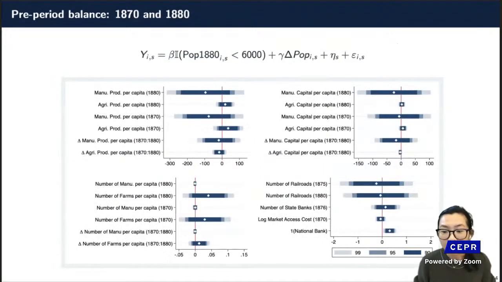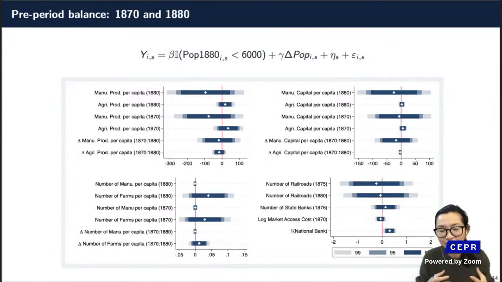We also do the standard thing of looking at balance on observable characteristics. These all come from the census, and they look at characteristics in 1880 and 1870 and the changes between them. And of course, we've constructed our sample to be places that look very similar, so we should expect this type of balance.